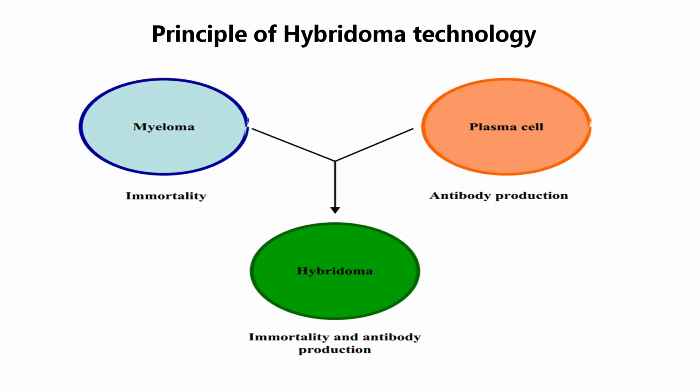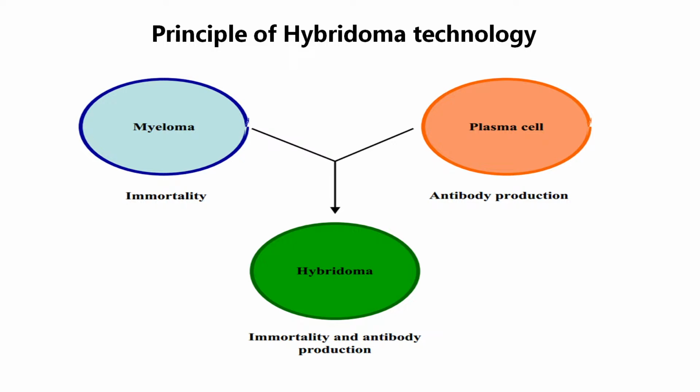So they devised hybridoma technology on the principle of the fusion of an immortal myeloma cell and an antibody-producing plasma cell. The basic idea is that the plasma cell has the characteristic to secrete your antibody, and the myeloma cell has the immortality characteristic.